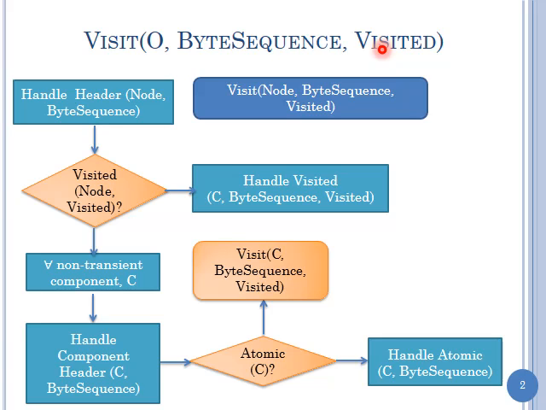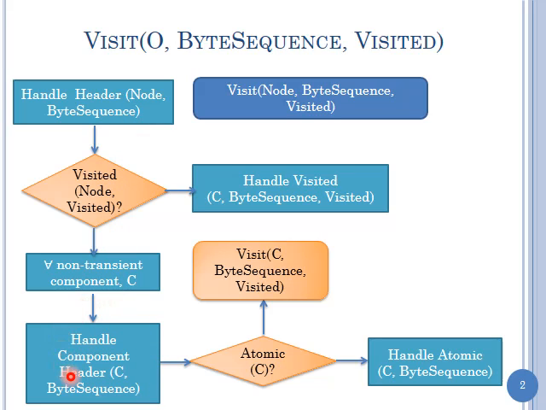Let's say that's the algorithm, and that's, by the way, going to be a very tricky algorithm for you guys. You go and check if it's already visited. Otherwise, you handle visited. Now you're going to do this for all non-transient components. How transient is defined can vary from system to system, right? And you send some header information about the object, which may be 0 bytes or might have more information than that.